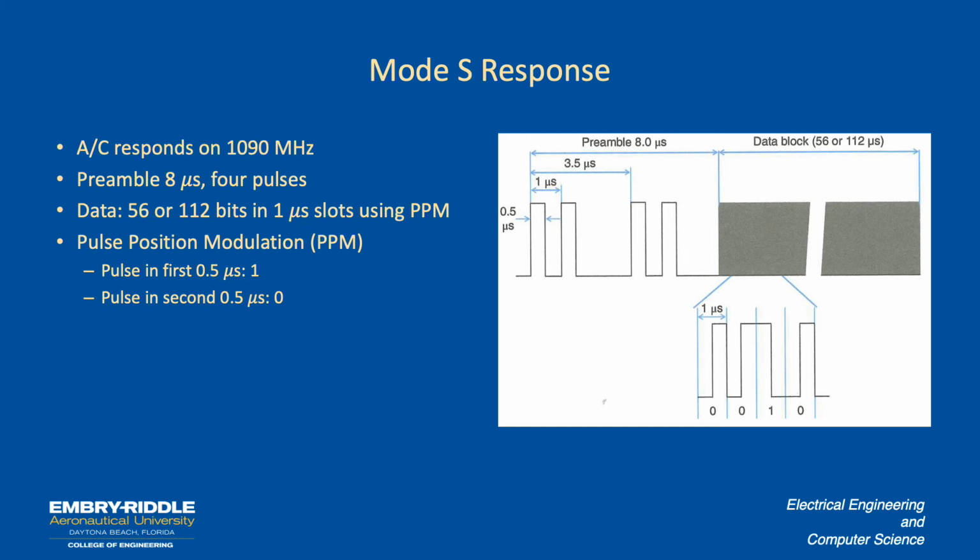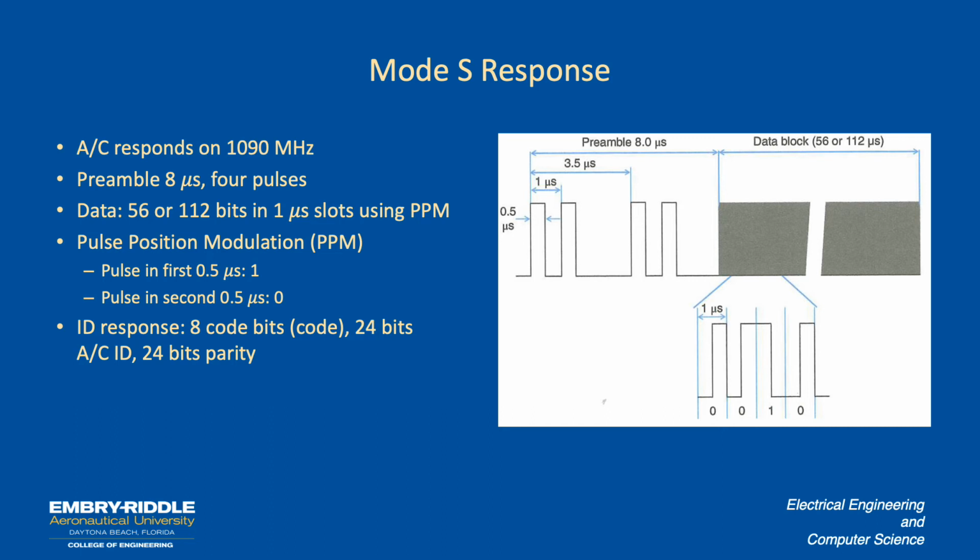So it's a different encoding scheme than used on the interrogation, which used phase shift keying. The message again has 56 bits initially, and there's going to be an 8-bit code. I said you had an extra bit left over in the interrogation. Actually, you have 3 extra bits left over that could be used. Then you have 24 bits, which is your aircraft ID.